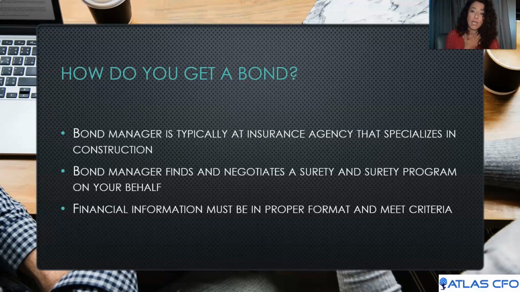Your insurance agent or bond manager is looking for somebody who is a good fit for you financially and will understand your organization as well, someone that fits with you, with your organization, and with the financial information that you have to provide. There will be a lot of questions about your financial information.